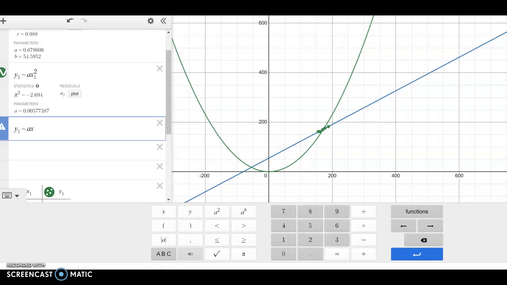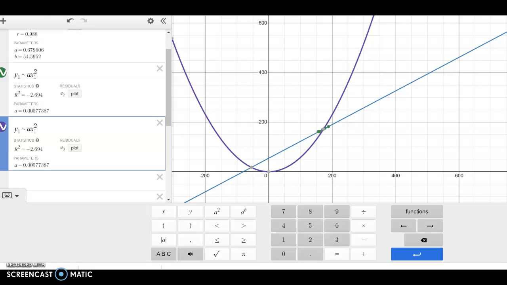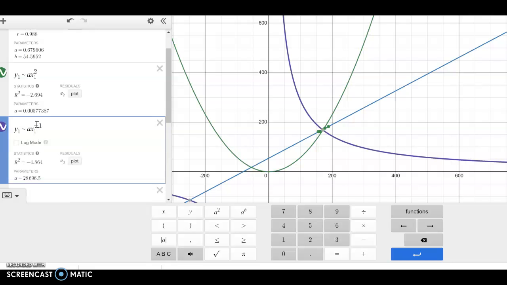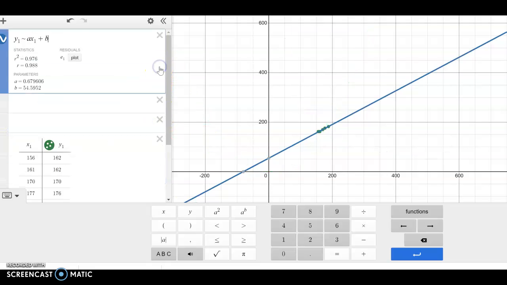So we need x1 squared, which is really, but we don't need it to be squared, we need it to be to the -1. Okay, so that's an inverse. This purple one right here. Well, that doesn't appear to match many points. So I think inverse and quadratic are not good. Okay, so I think I'm just going to lose them. You can run the video back if you want to see them.